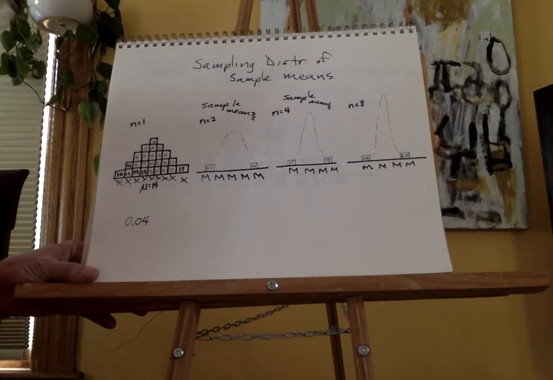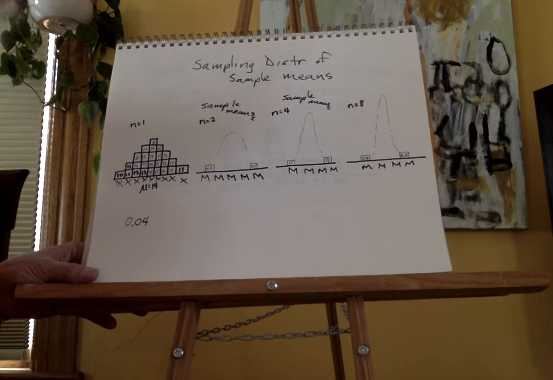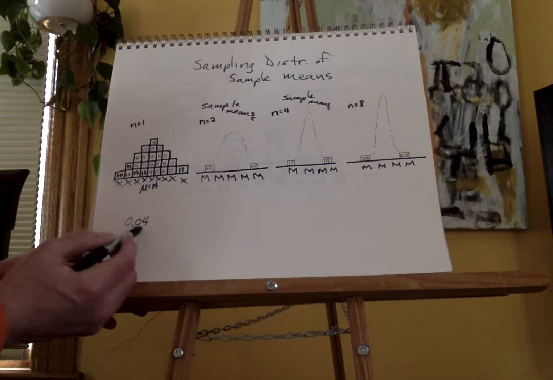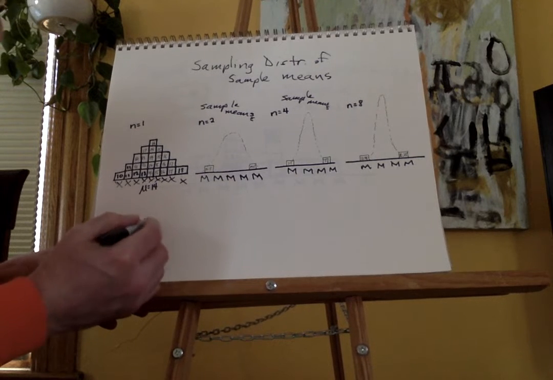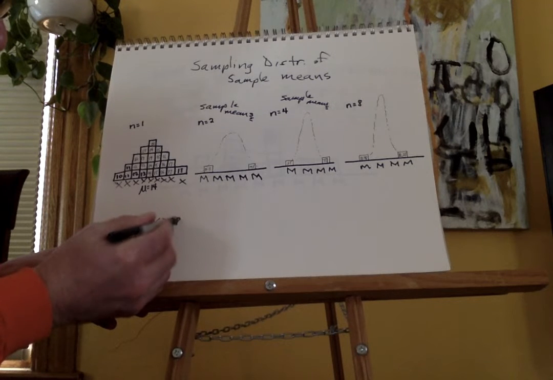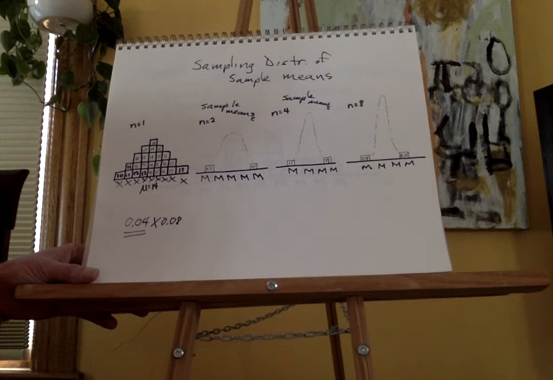And again, I don't want to dwell on the math, but just to let you know, the chance of pulling out an 18 is 4%. The chance of pulling out a 17 is 8%. When you multiply fractions, they get smaller.